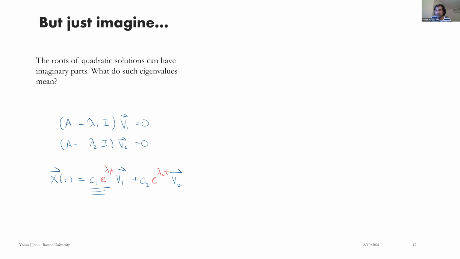So this is sort of the general case of what we saw in the specific case, the pure diagonal situation. But what if the eigenvalues are imaginary? We know that they come in pairs, complex conjugates. So one will have a plus i square root of 1 and one minus. So what does it mean when you have an exponentiation to an imaginary number?